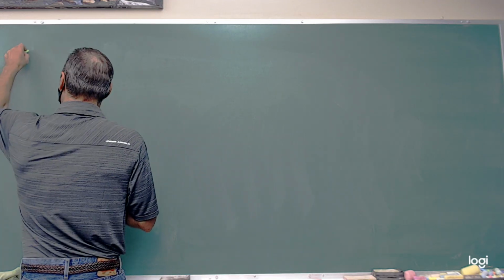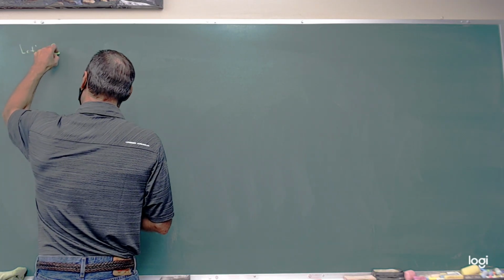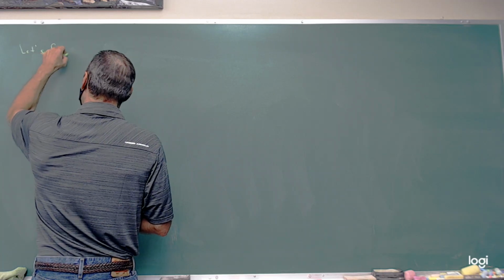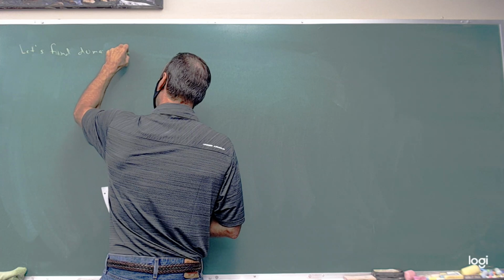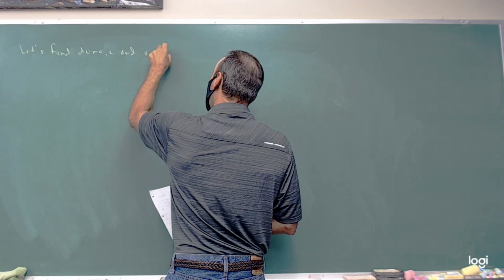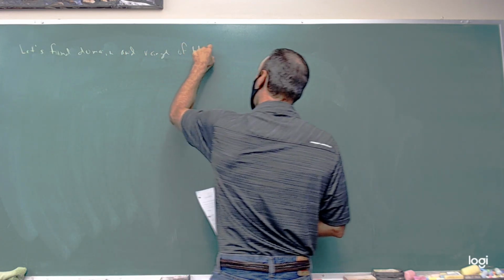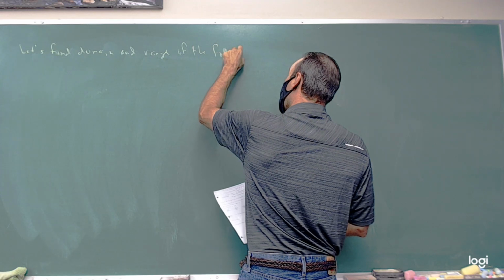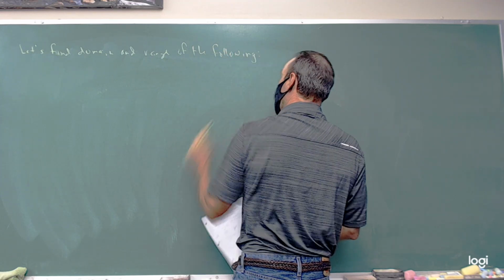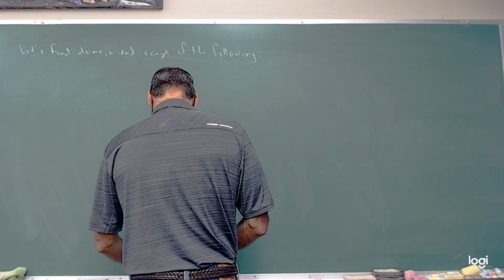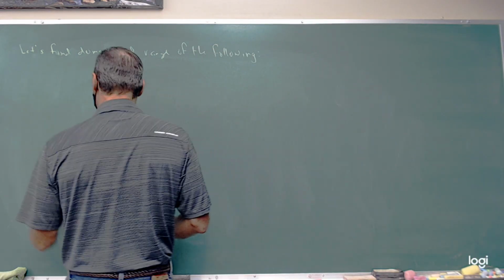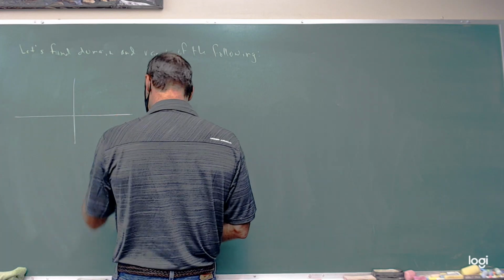So let's find domain and range from these graphs. Find the domain and range of the following. So I'm going to give you not an equation yet of a function, but rather this graph. So here's our axis.